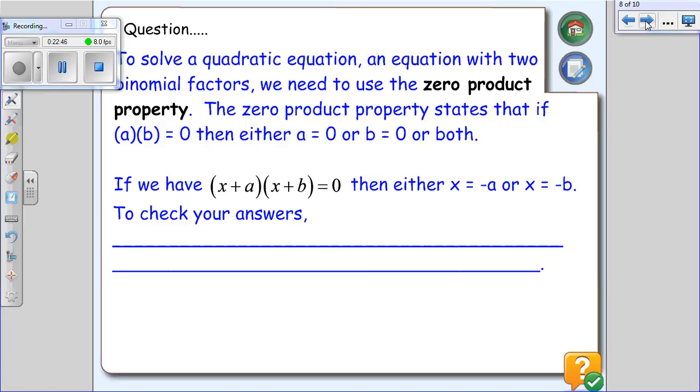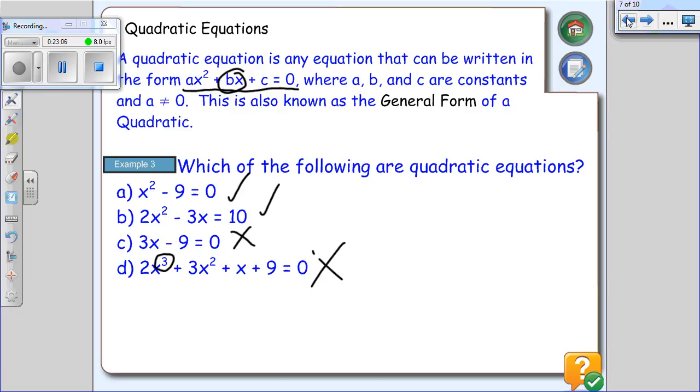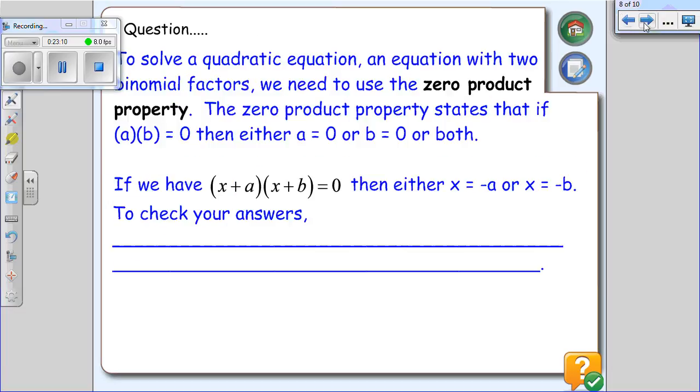So to solve these questions, we take advantage of that. If we take a quadratic and we write it in general form, so it looks like that, and if we can factor that quadratic to look like this, we can use the zero product rule to help us.